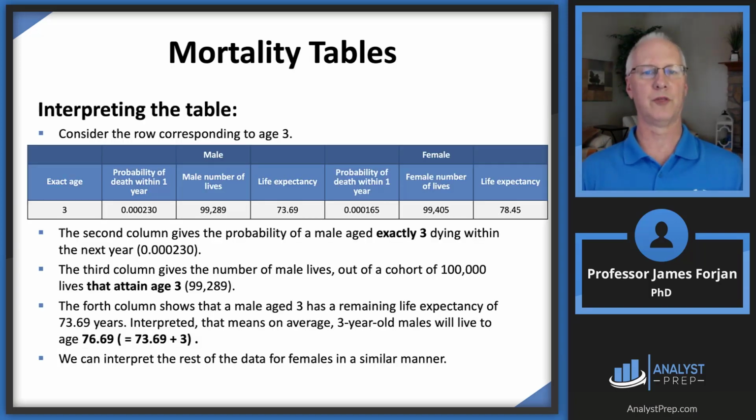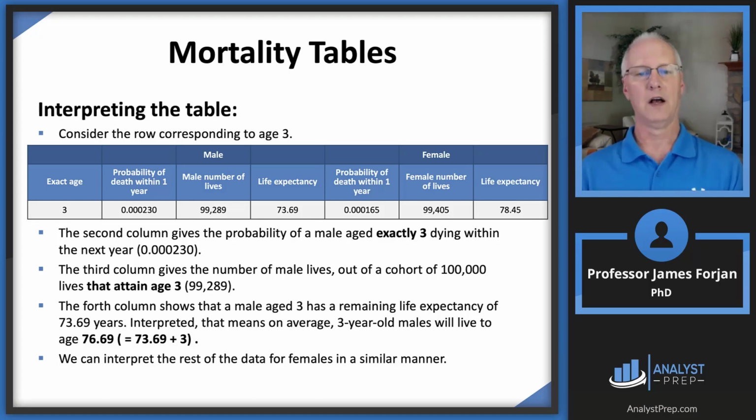Let's do row 3 here. The second column gives the probability of a male aged exactly 3 dying within the following year. So from 3 until the 4th birthday, and that's 0.00023. The third column gives the number of male lives out of a beginning of 100,000 that will attain the age of 3.